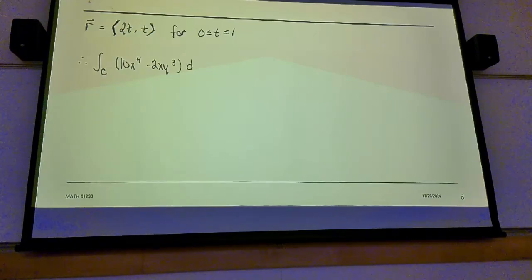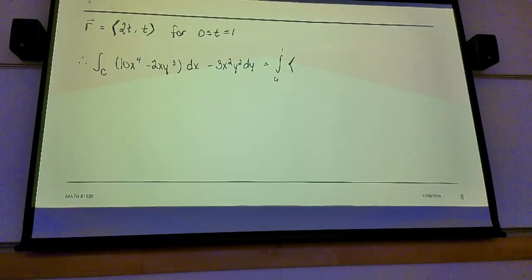What is the field evaluated along the path? 160 t to the 4.